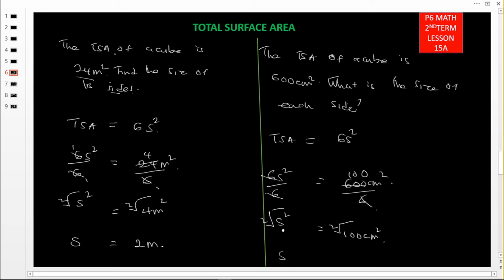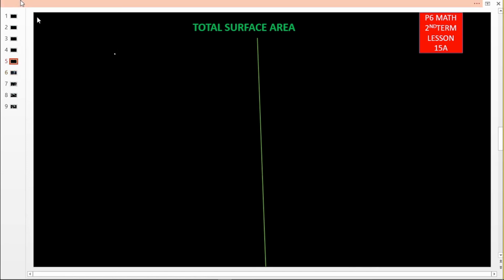So the square root of s squared is s, then the square root of 100, it is 10 centimeters. So each side is 10 centimeters.